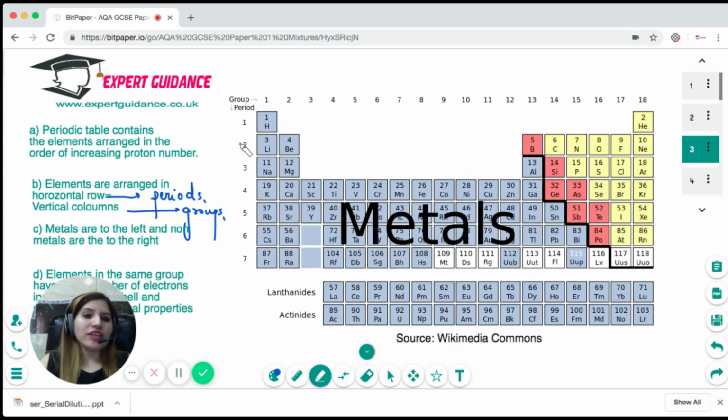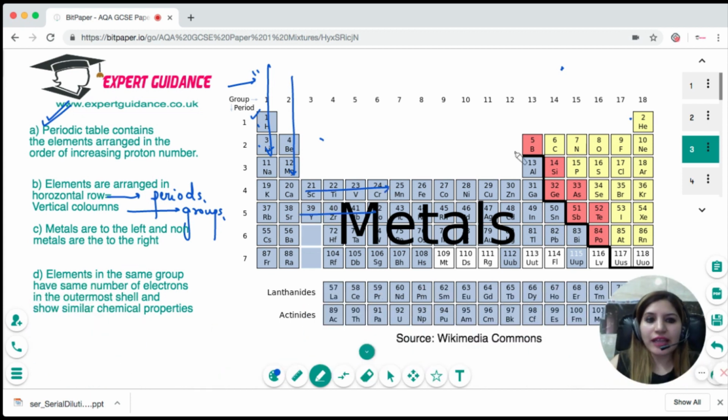Now, where do you find the periodic table? In the periodic table, all the elements are arranged in the order of increasing proton number. Hydrogen has proton number 1 and is placed first, followed by helium, lithium, and beryllium. You can see this periodic table in the form of groups and periods. The vertical columns are the groups and the horizontal rows are the periods.